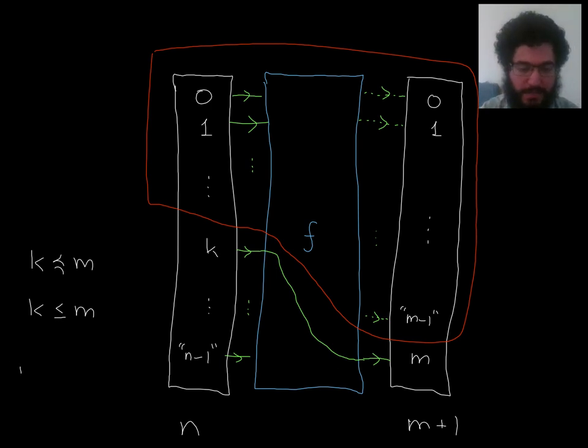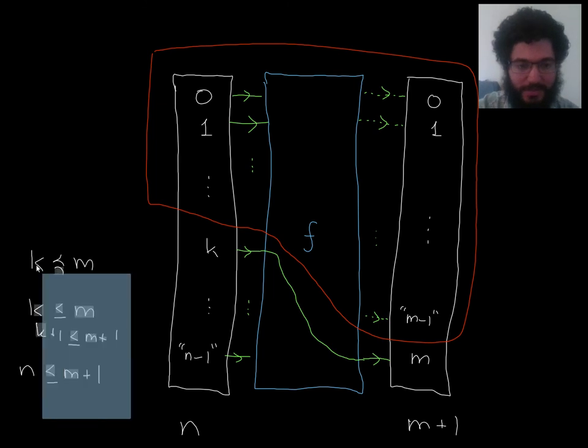But what I want is n less than or equal to m plus 1, right? And n could be much, much larger than k. So just knowing k is less than or equal to m tells me k plus 1 is less than or equal to m plus 1. But k plus 1, like n, might be much, much larger than that.